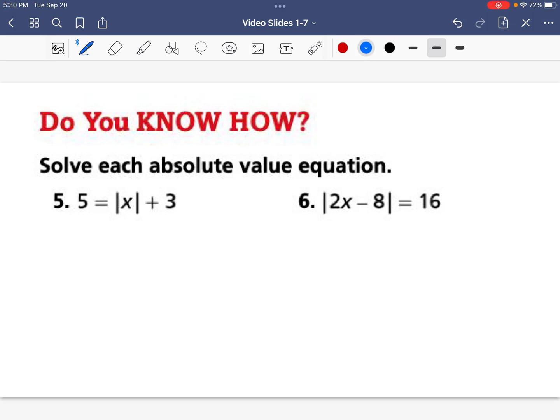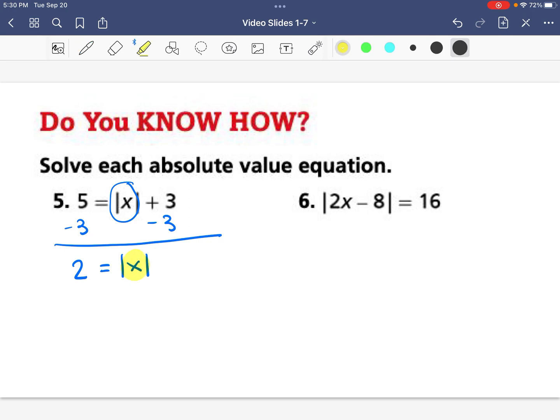All right, so if I were going to be solving the first one, because x is all alone inside the absolute value, I'm going to start by subtracting 3 from both sides so that I get that x all by itself. I end up with 2 equals the absolute value of x. Well, what two numbers could I plug in right there and still end up with 2?